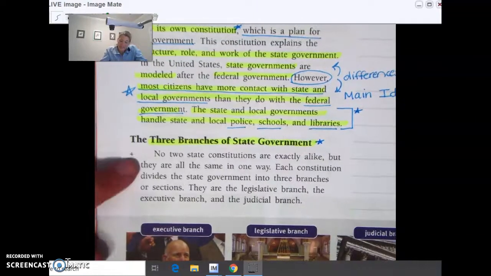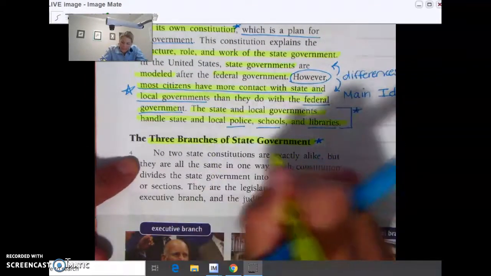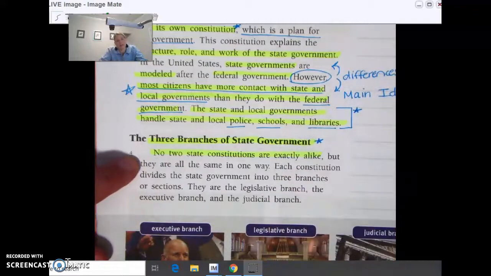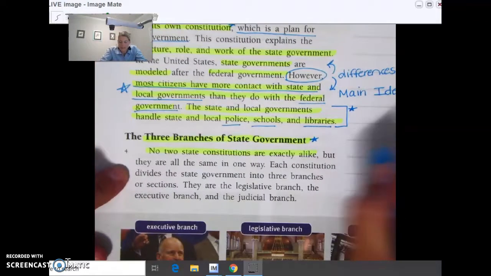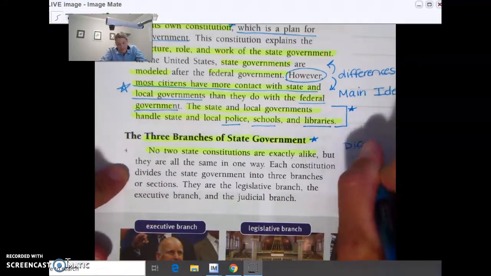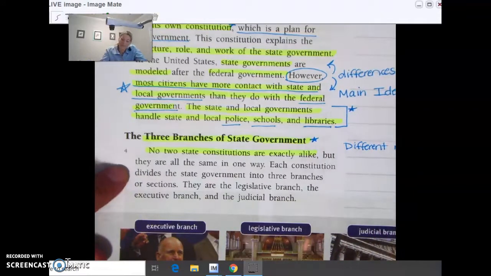No 2 state constitutions are exactly alike. I wonder why they're not exactly alike. What have we learned so far in our text that would explain why they're not alike? I think maybe it's because they have different needs. That makes sense to me because we just learned that.